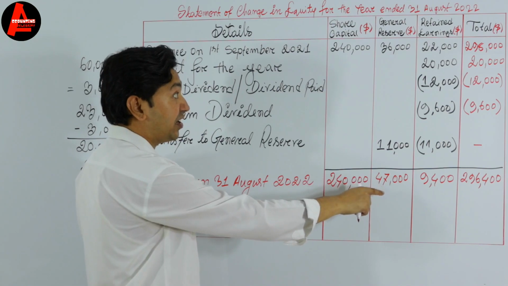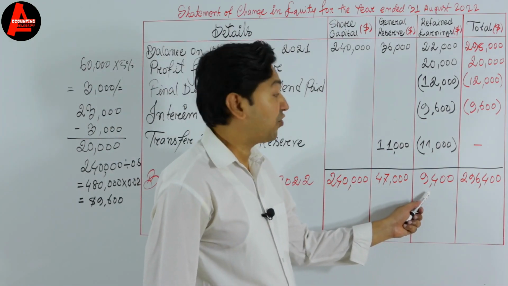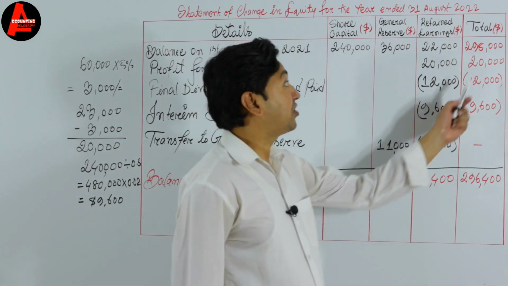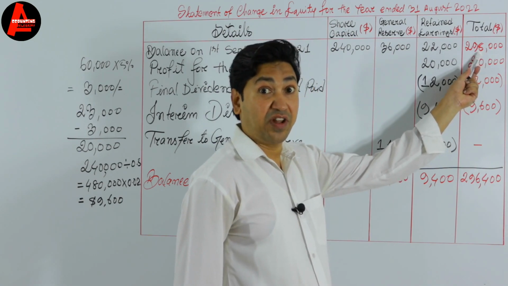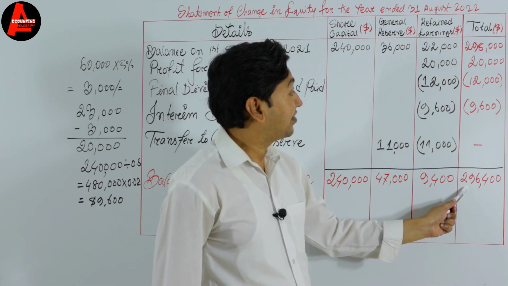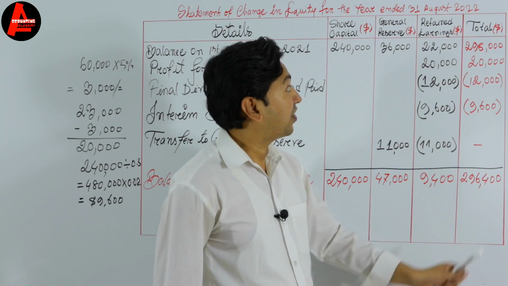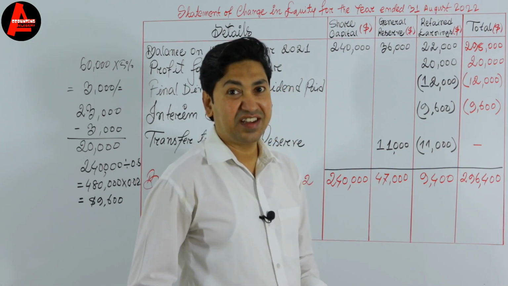We have changes here. Same thing we calculated here, retained earnings $9,400 at the end of the financial period, and the total was $298,000 at the beginning of the financial period. Now at the end it has decreased. Now we have here $296,400. Okay, this is the statement of changes in equity.